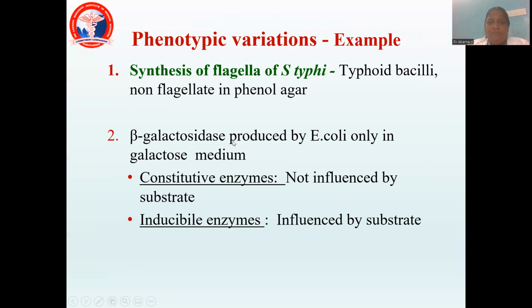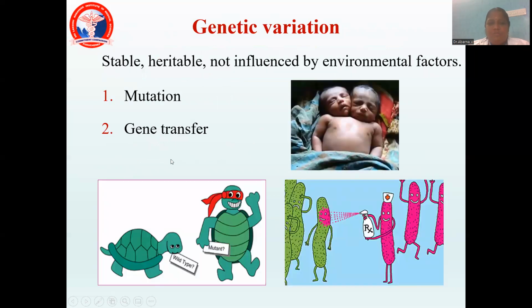So we have certain constitutive enzymes which are not influenced by the substrate and certain inducible enzymes which are generally influenced by the substrate. This beta-galactosidase is one example of these inducible enzymes. So it is produced only when the medium contains galactose. So these are examples of phenotypic variations.